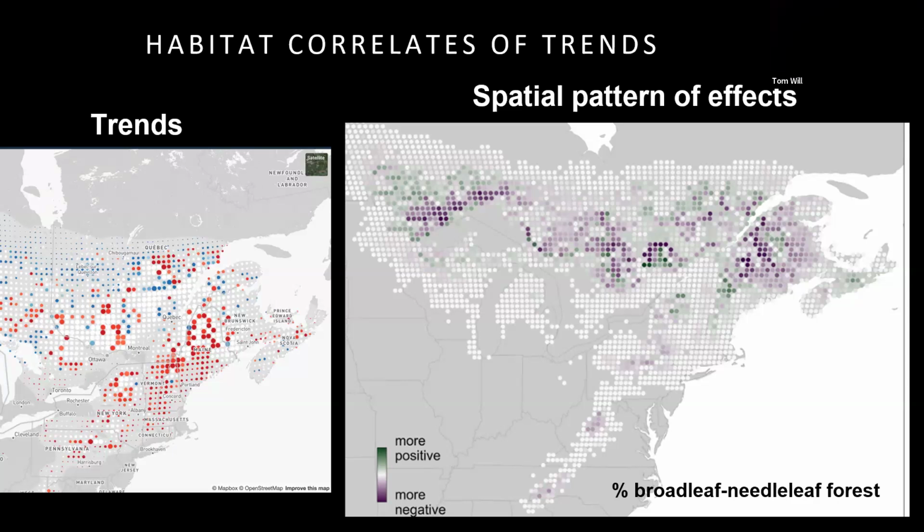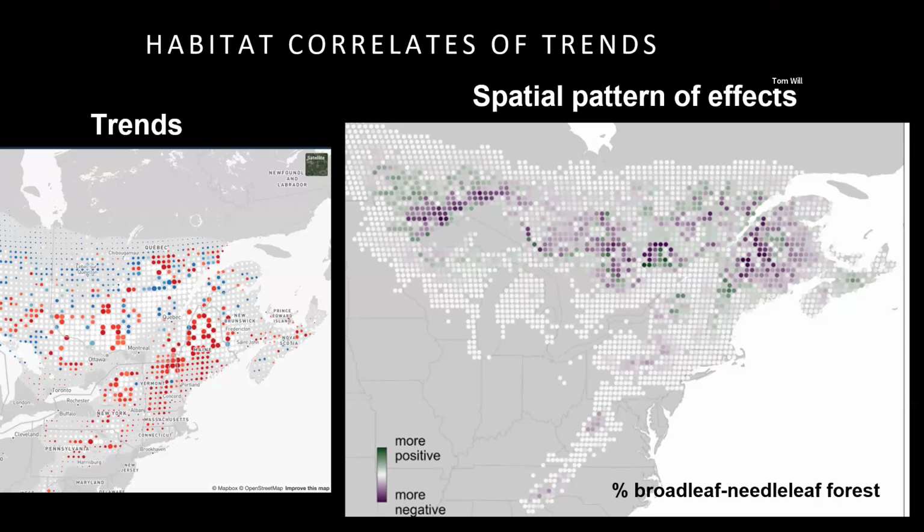And so these are some of the things that looking at these effects spatially allows us to do, and they're not necessarily correlated with abundance. And that has been a really key finding, because a lot of times we think that whatever is going on where the species is most abundant has to be driving the trend we're observing.